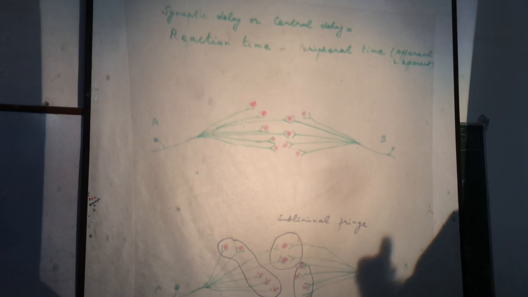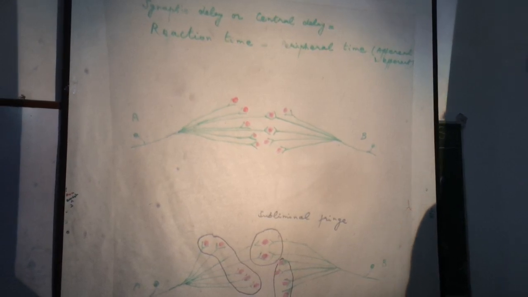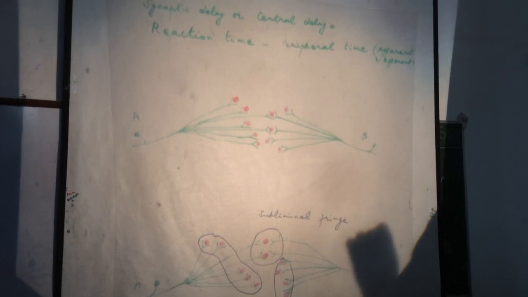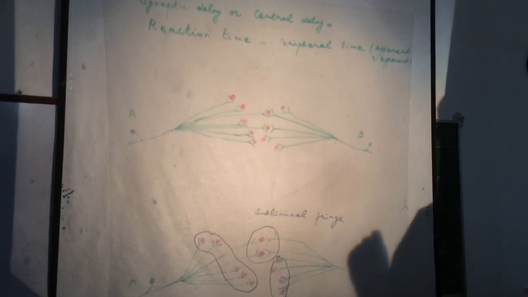You know the different types of reflexes, depending upon the number of synapses in the center of the reflex: monosynaptic, disynaptic, and then multi or polysynaptic. At each synapse, there is a delay of 0.5 milliseconds.